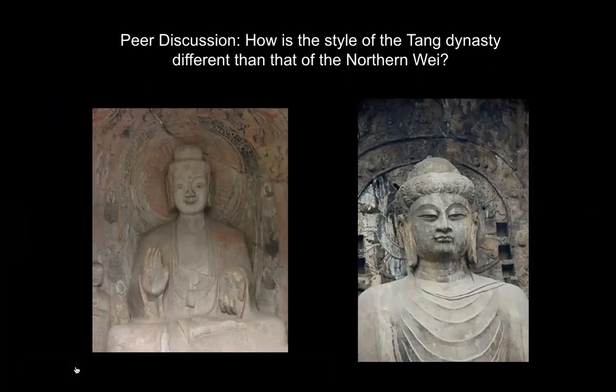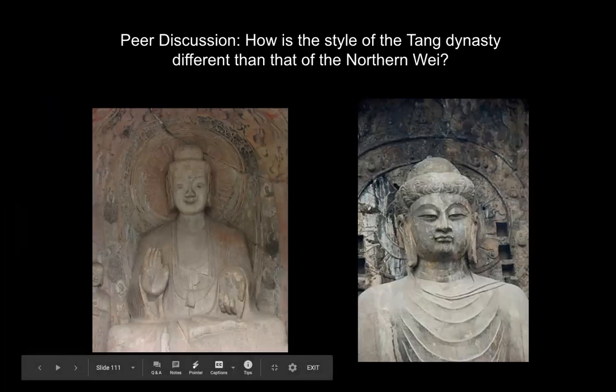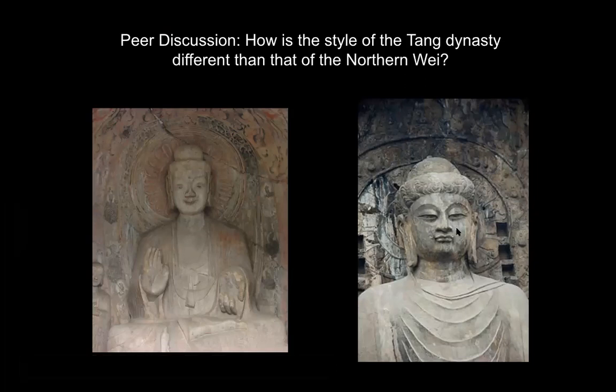So we've got different facial expressions. How would you characterize the expression of the one, we saw the smiley guy, right? The smiley grandpa on the left. How would you characterize the Tang one? Got a lot of participants.